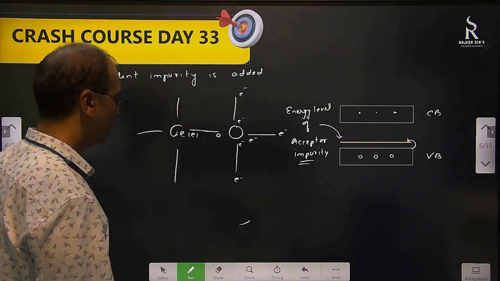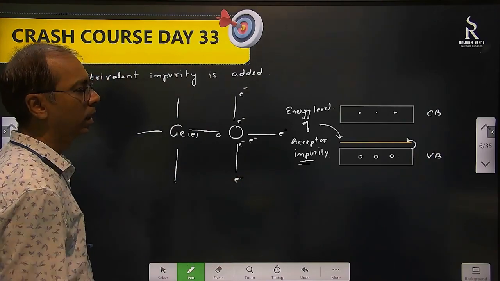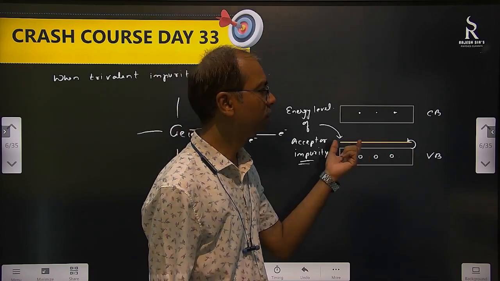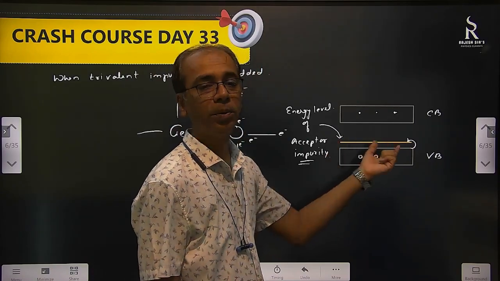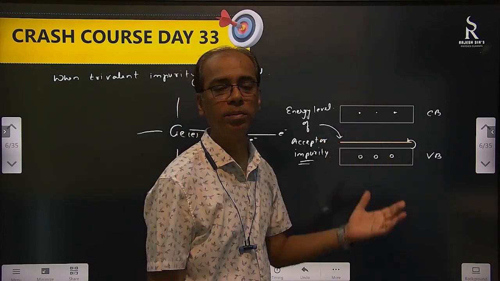This is called an acceptor impurity. And since there are plenty of holes in the impurity that we have added, these holes become the majority charge carriers.